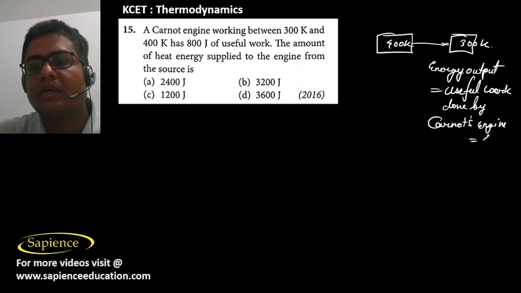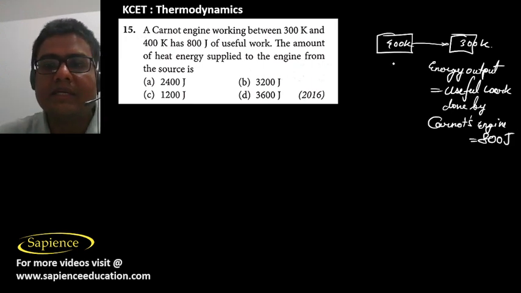So that is equal to 800 joule. The amount of heat energy that is supplied, suppose delta Q.